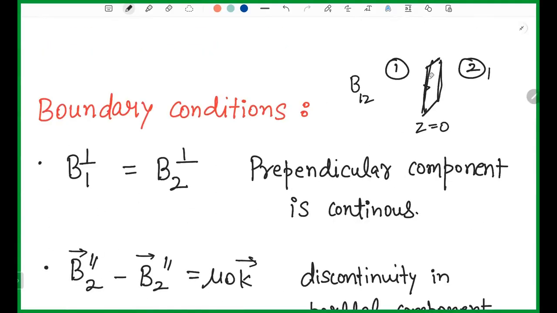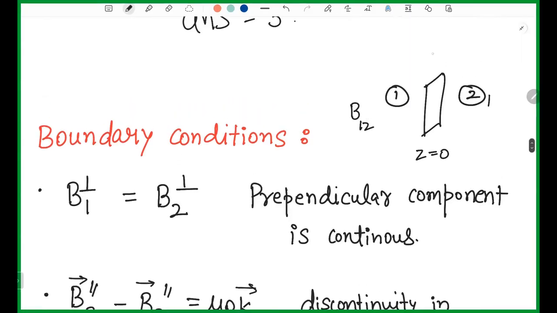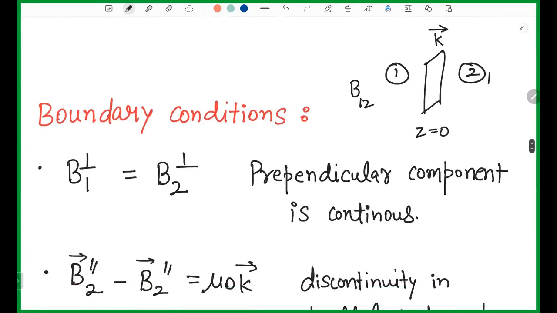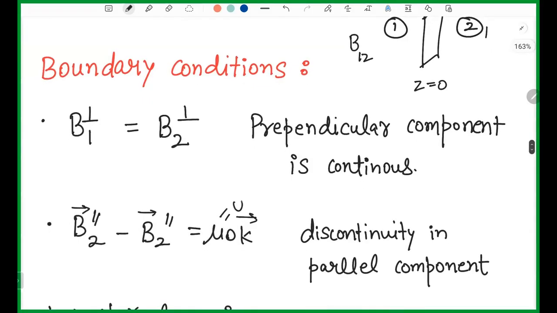So this is an interface which is dividing the two mediums. If it does not have any current density, let's say no current is flowing in this interface, then the parallel components are also continuous, because this thing will become zero and B2 parallel and B1 parallel will become the same.